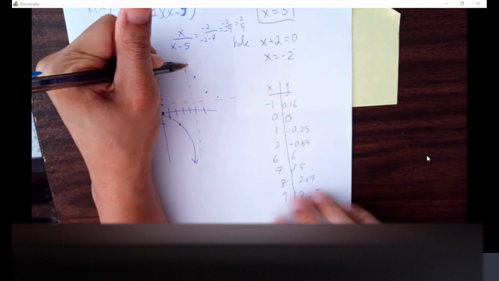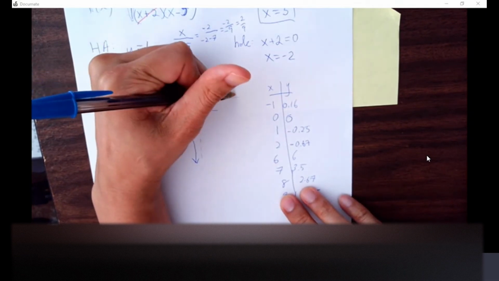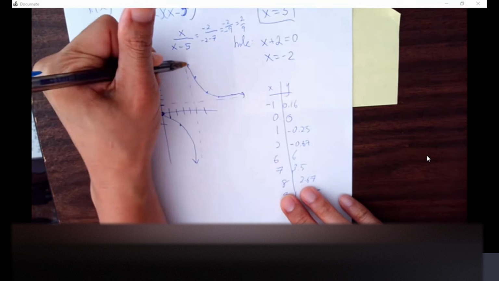Not being very accurate here, but it's okay. I just need to have some idea where to target my graph.